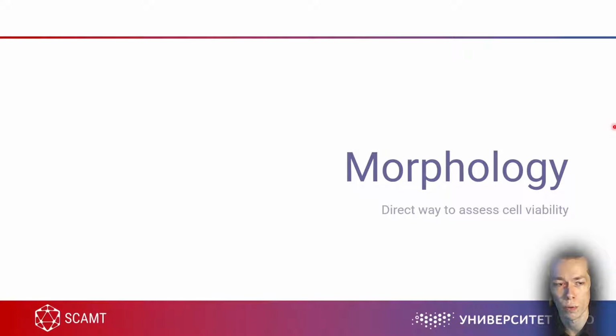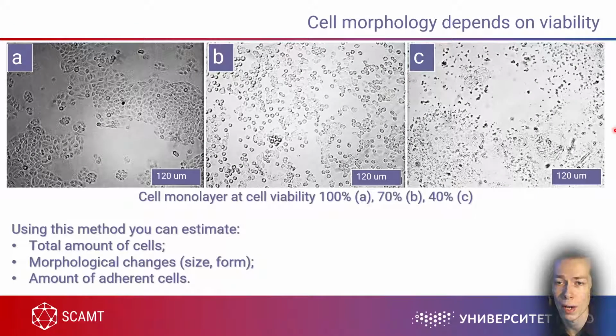So just for you to understand, a direct way is when you observe some damage or some cytotoxicity with your own eyes, and you can definitely say what is the cause of this toxicity, and you can observe the toxicity outcomes. I will explain. For example, the first one is morphology. Morphology, basically, is the shape and structure of the cells, and cell morphology strongly depends on viability.